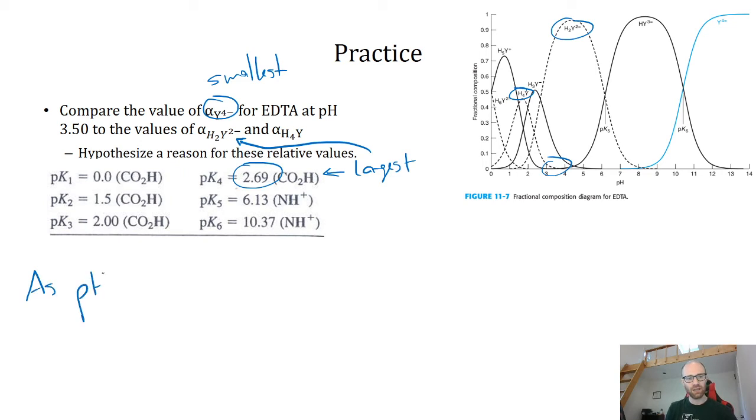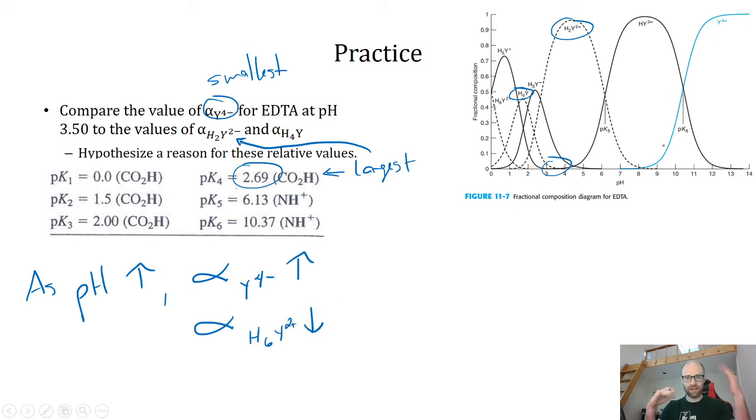As pH goes up, the fraction of the deprotonated amount goes up, and the fraction of the fully protonated goes down. And then what you see in the middle is that everything's going up and going down in soup, but also, you know, you could take the average values of all these to figure out the pH where these are all at maxima, right?